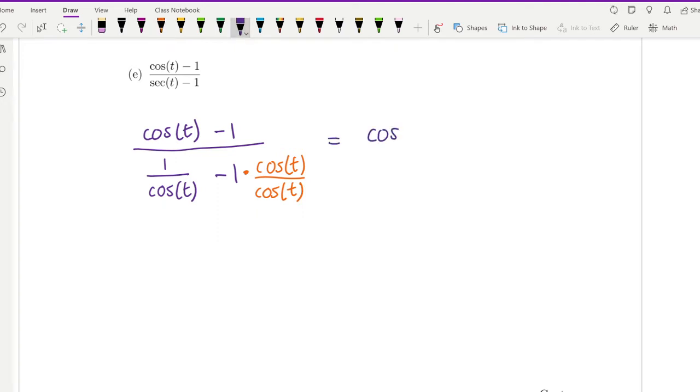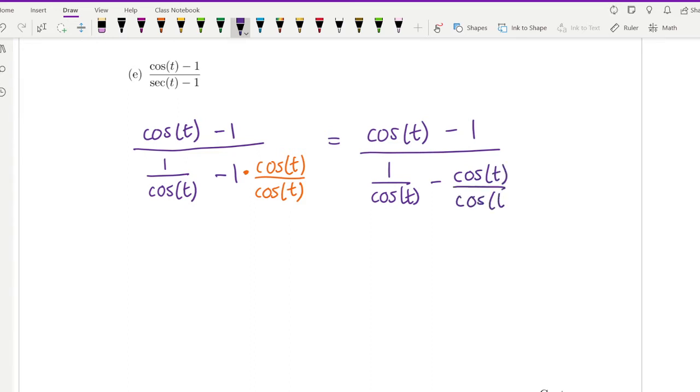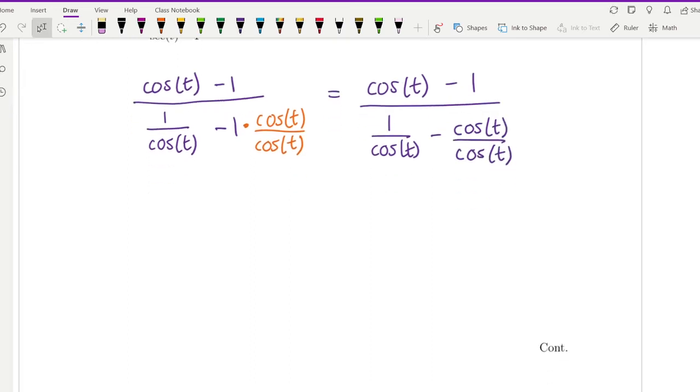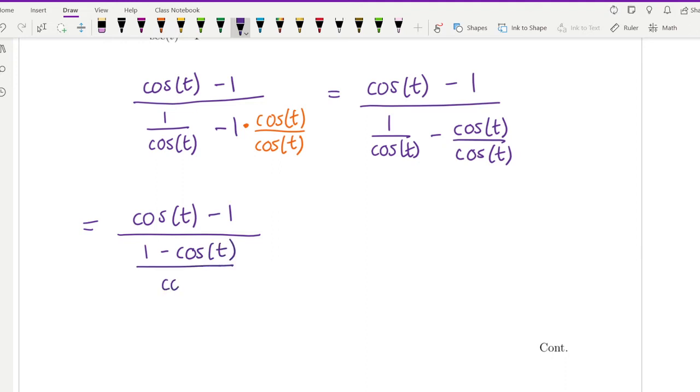So we get cosine of t minus 1 over 1 over cosine of t minus cosine of t over cosine of t. Now that we made the common denominator, we can just combine those two terms in the denominator. So we have cosine of t minus 1 still in the numerator, but now in the denominator we have 1 minus cosine of t, all divided by cosine of t.